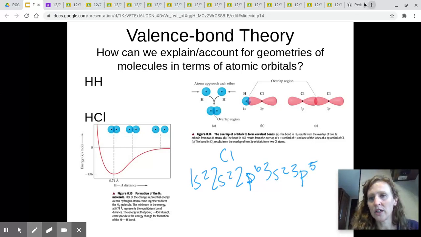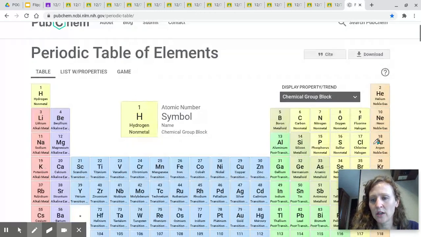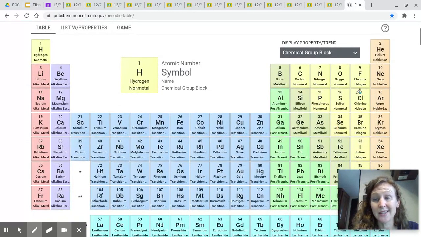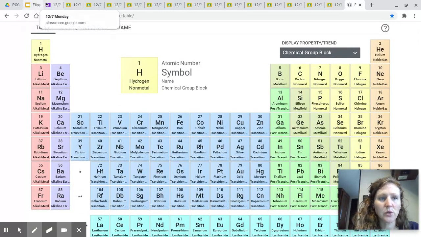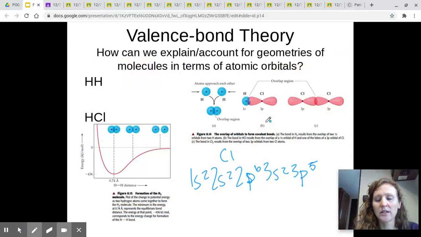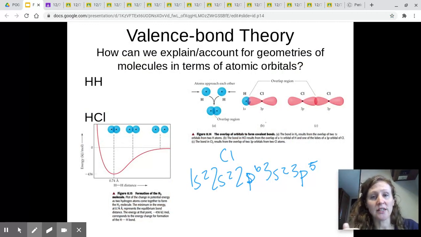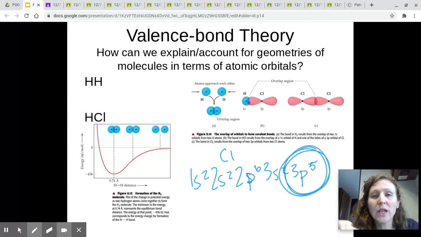Chlorine has 17 electrons, so it needs a lot more atomic orbitals in order to support these. So the valence electrons that are bonding in chlorine are coming from a 3p orbital. Now, a 3p orbital isn't a sphere anymore. A 3p orbital is a dumbbell.